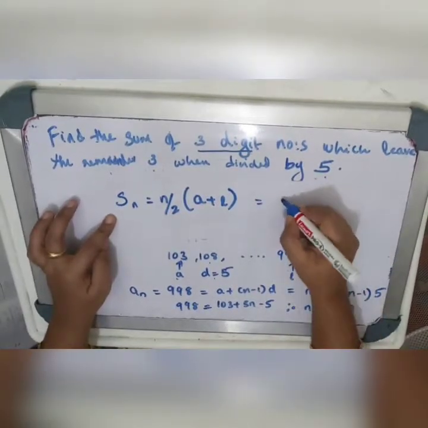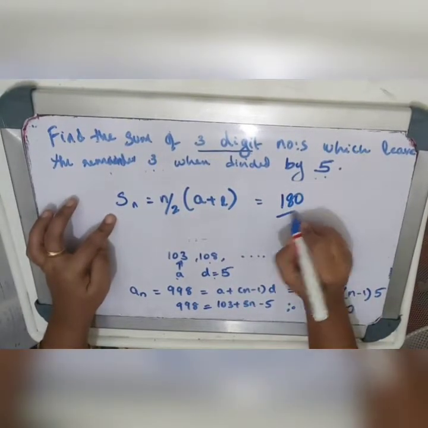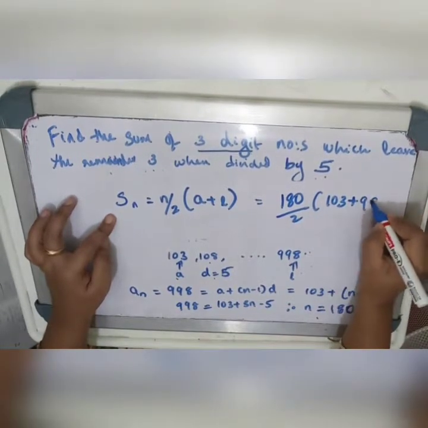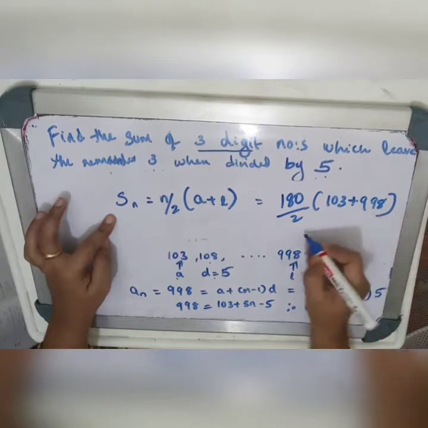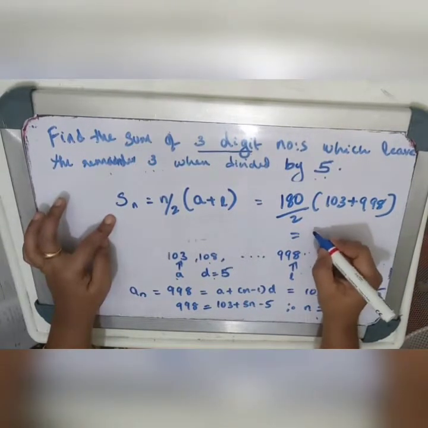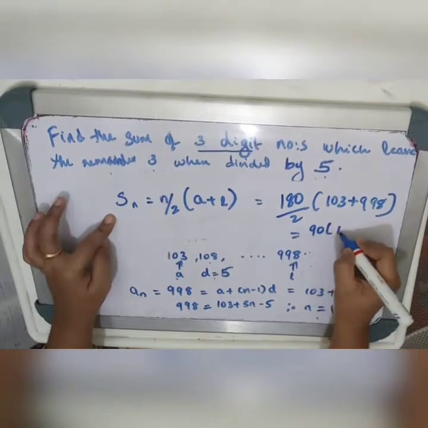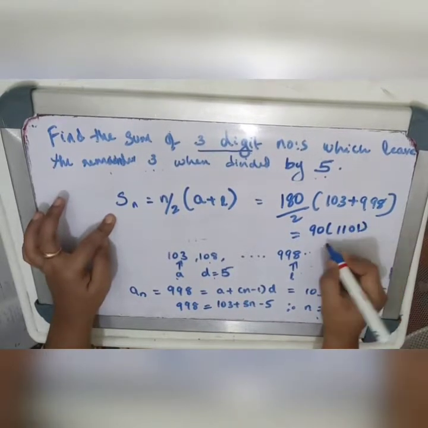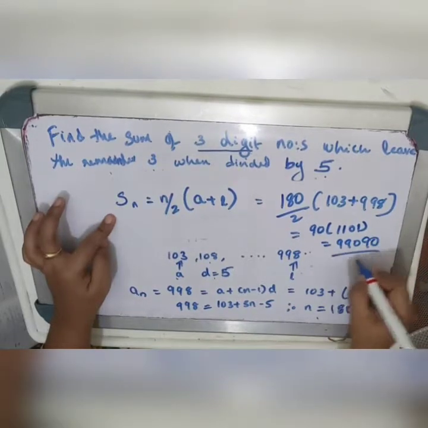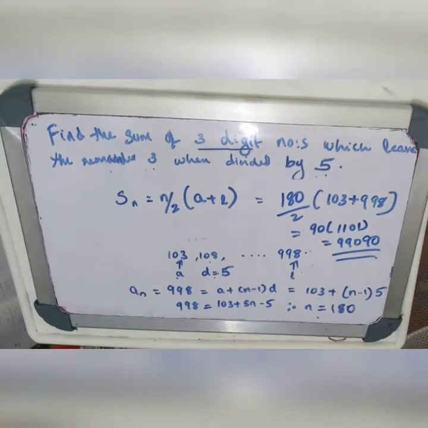Okay, so let's substitute. n is 180, so 180 by 2 into 103 plus 998. So the sum is obtained as 90 into 1101, that is 99090. So this is the required sum.